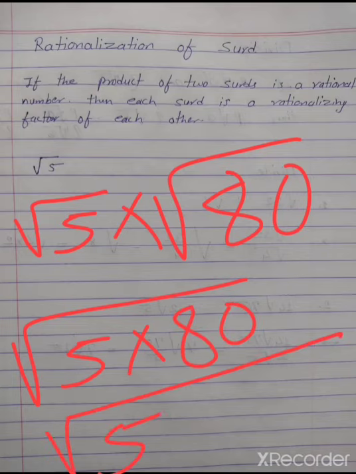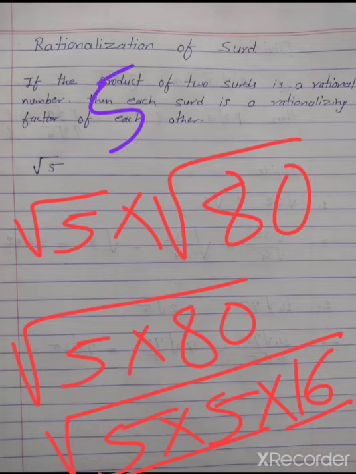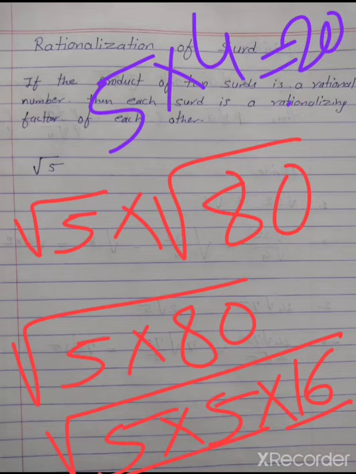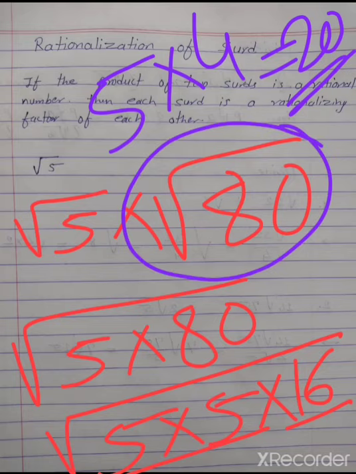When you factorize this 80, 5 16s are 80, so you can pair it, and 16 is already the square of 4. So when these come out, it will become 5 and 4, which is equal to 20. So here we are getting a rational number. So this root 80 is also a rationalizing factor of this root 5.